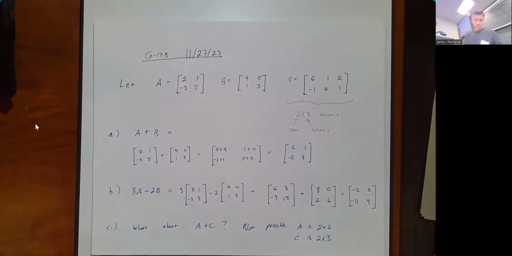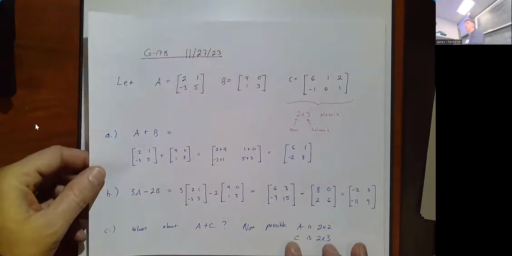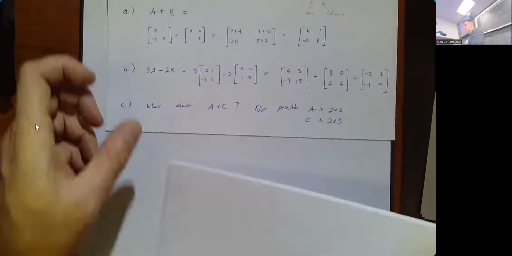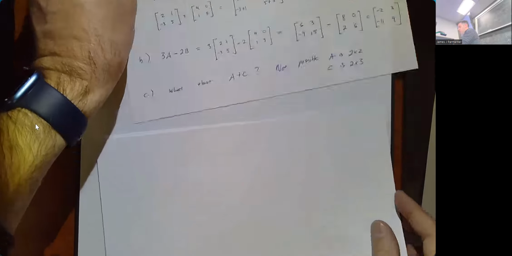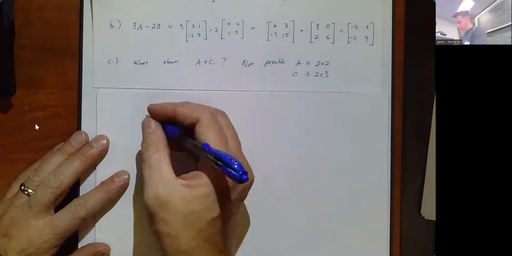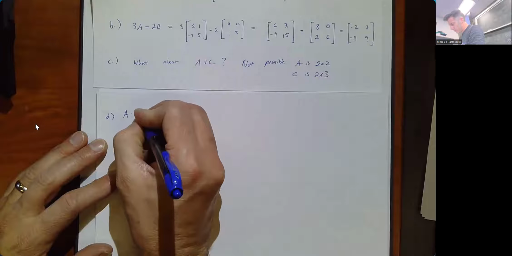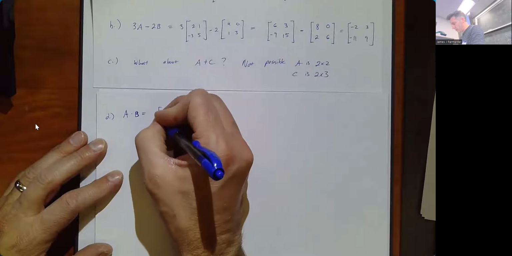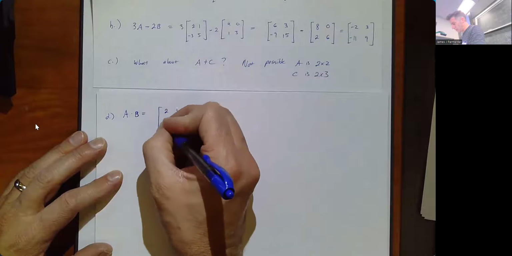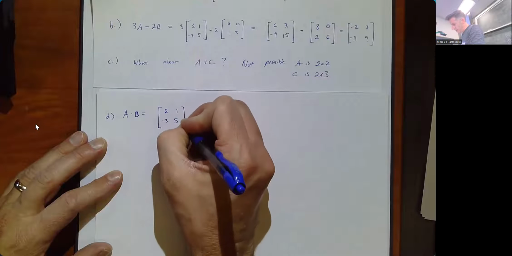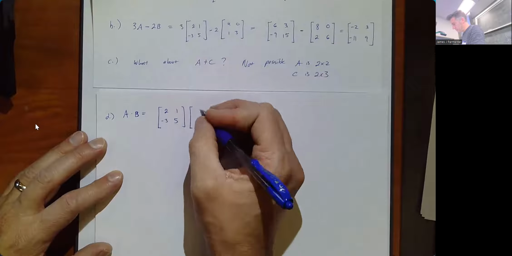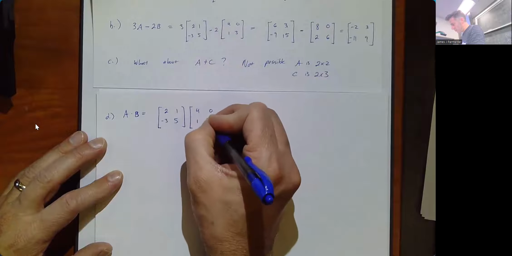Sure, let's do some matrix multiplication. So let's talk about A times B. We're going to write that as the matrix A, which is 2, 1, -3, 5, times the matrix B, which is 4, 0, 1, 3.